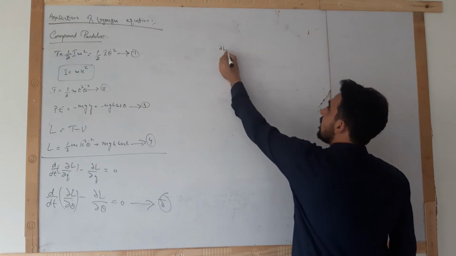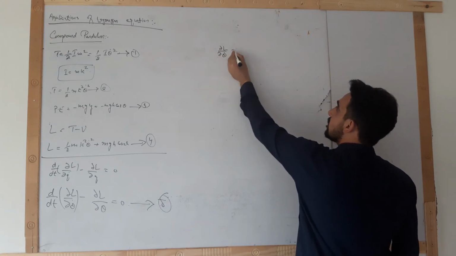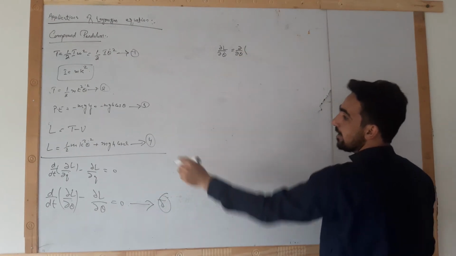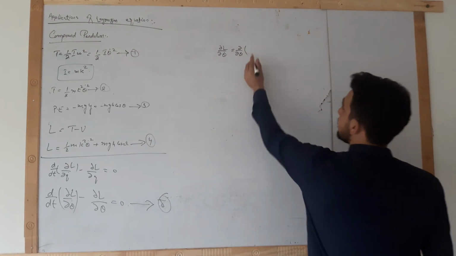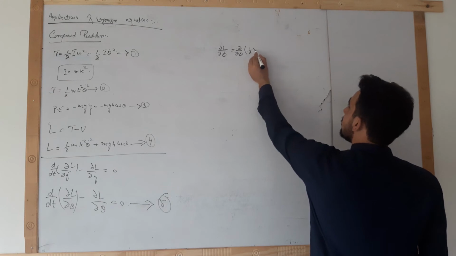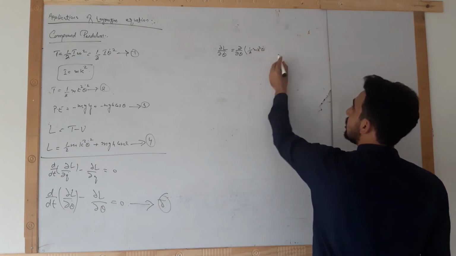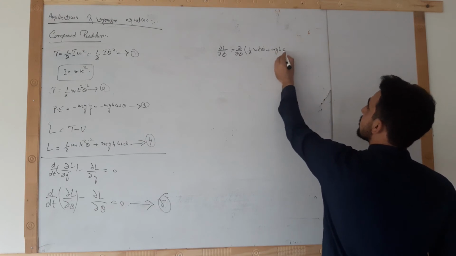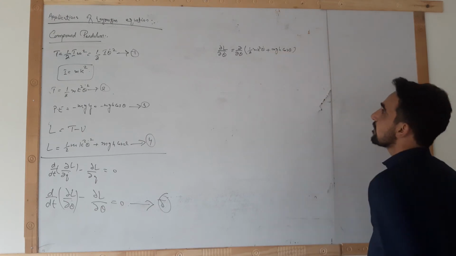So partial L by partial theta dot is equal to partial by partial theta dot of half m k square theta dot square plus mgh cosine of theta.